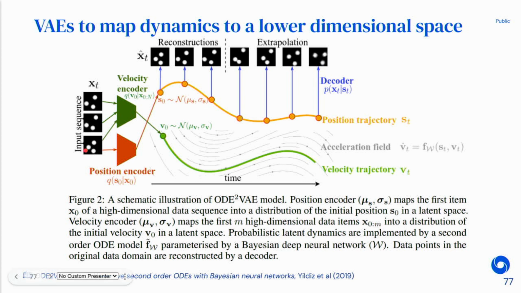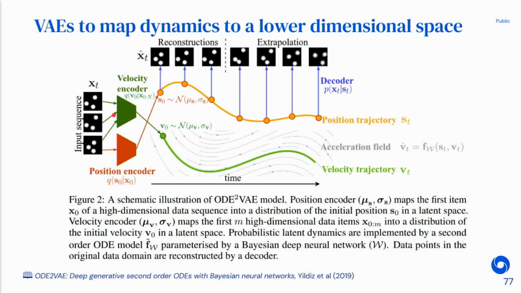So what these researchers have done, they took the images, they encoded both the position and the velocity, and then you embed them in a latent space, and then you learn a dynamical system which is very low dimensional because the initial images are very high dimensional. The position and velocity encode to a very low dimensional space, and then you can learn an ordinary differential equation that describes dynamics in this latent space.